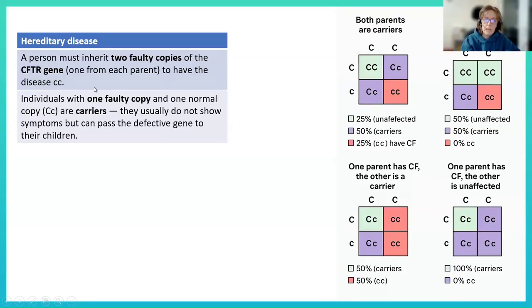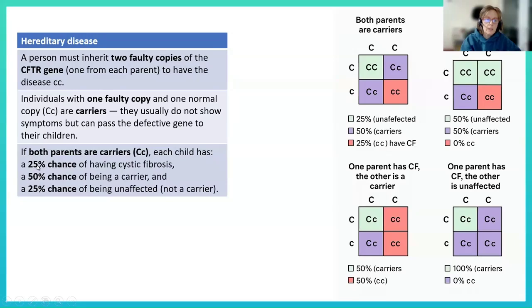If you get 1 copy of the gene, you are a carrier, which means you could pass that condition on to your offspring should your partner also be a carrier. So if both parents are carriers, there is a 25% chance of offspring having cystic fibrosis and a 50% chance of them being a carrier, with a 25% chance of them being unaffected.